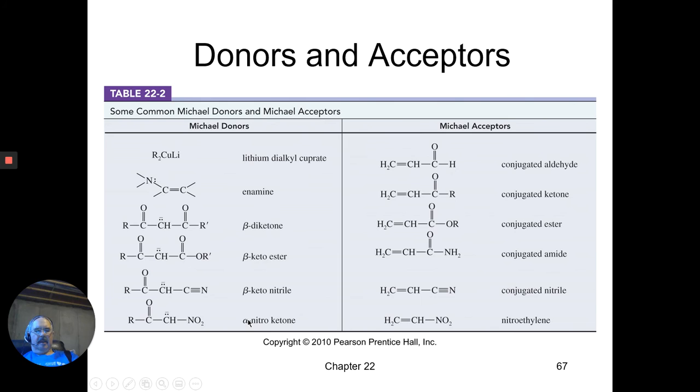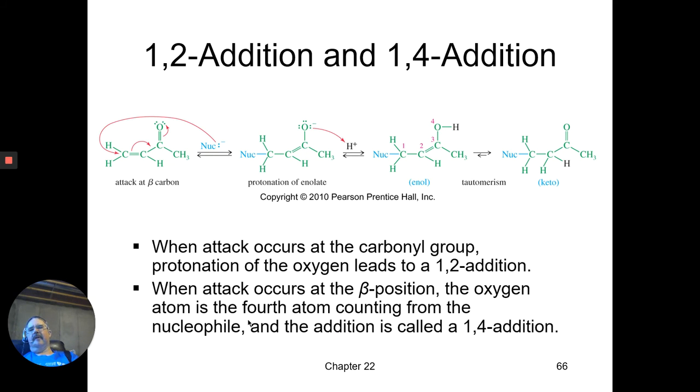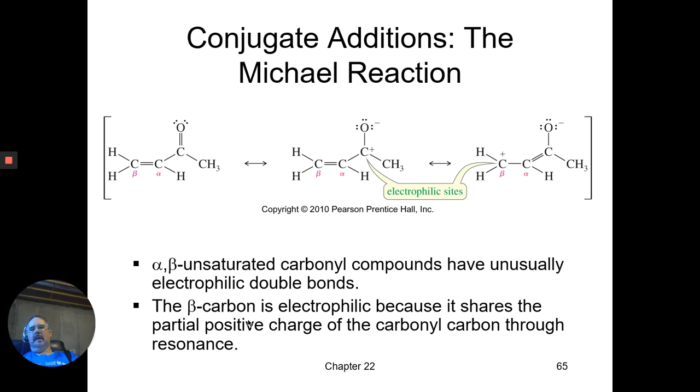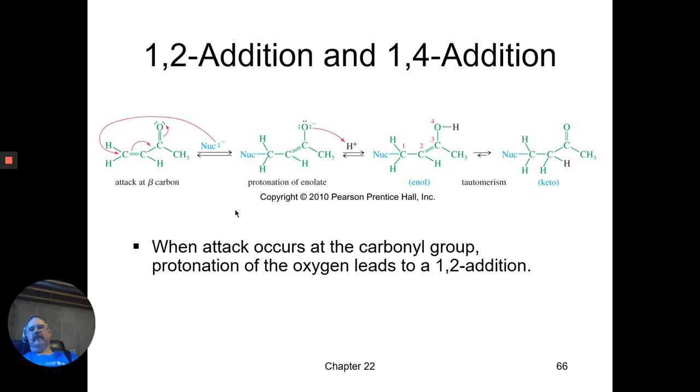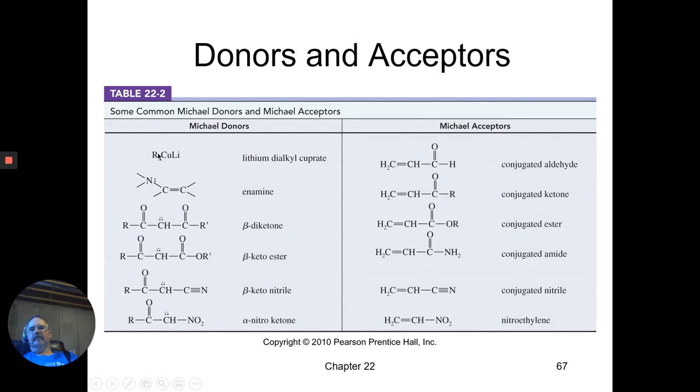If you have a hard nucleophile, one in which the negative charge is very concentrated, an example would be an alkyl lithium, that will favor the carbonyl carbon, or a Grignard will favor the carbonyl carbon. But these softer nucleophiles, where the charge is more spread out, are going to favor the beta carbon.